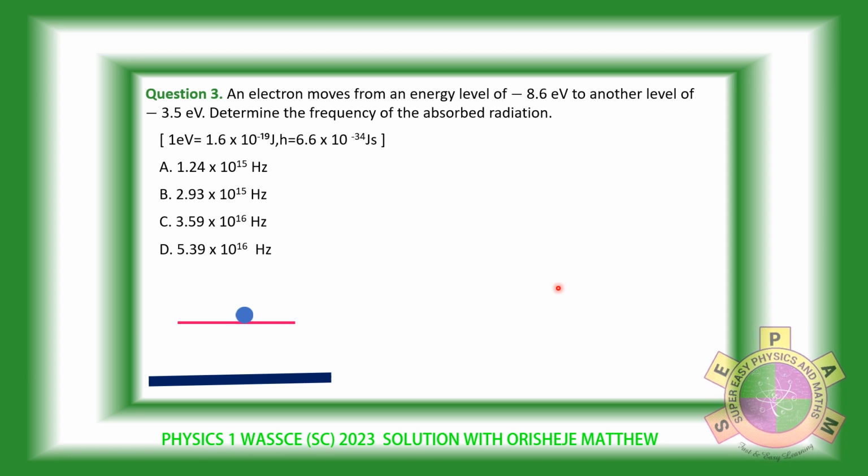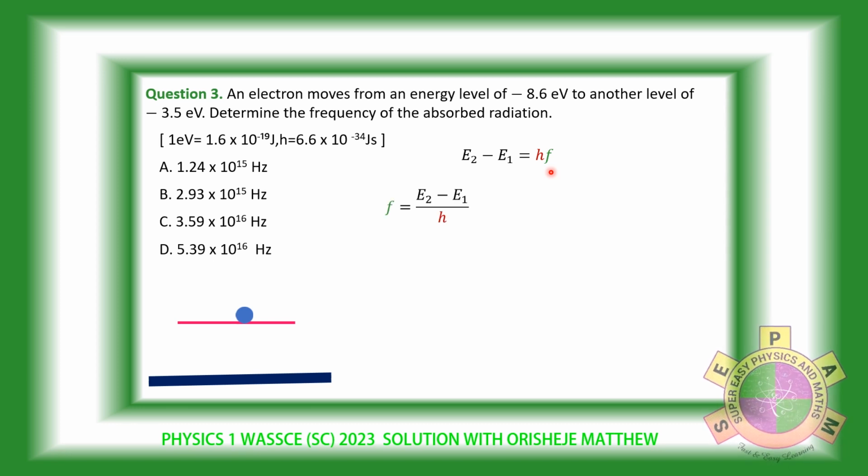With that, we can calculate the difference in the energy level, which is equal to the energy of the radiation, which is the product of the Planck constant h multiplied by the frequency of the radiation.